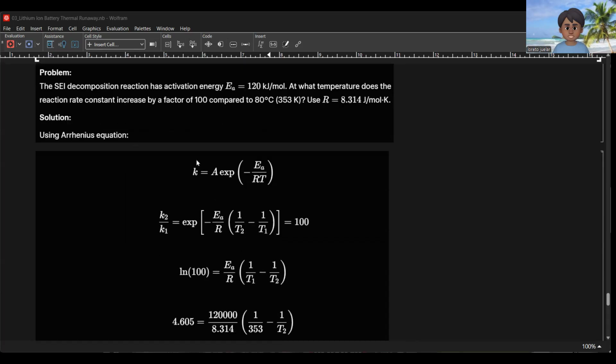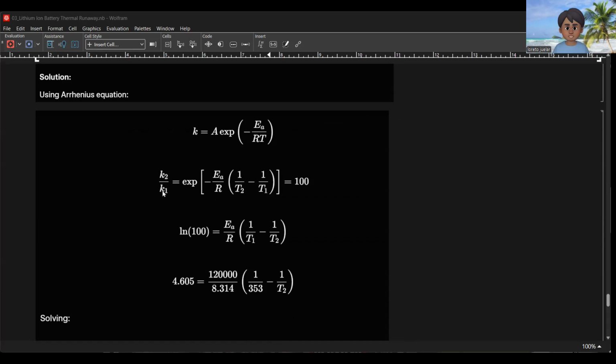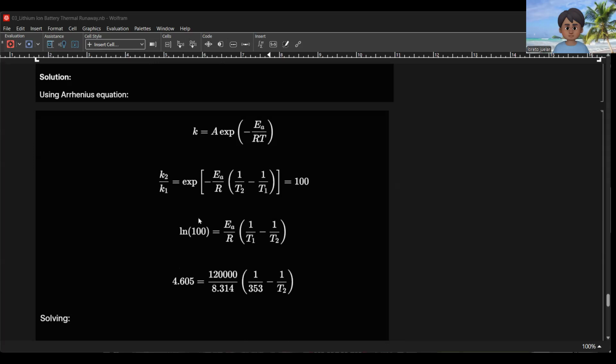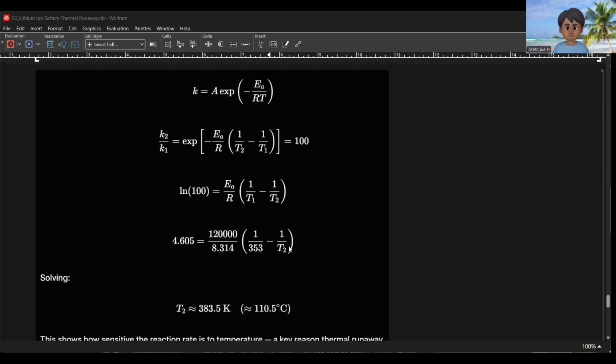Using the Arrhenius equation, we have K sub 2 over K sub 1, the ratio, equal to 100, so by a factor of 100. So we have the ln here, and substituting, ln 100 is 4.605.